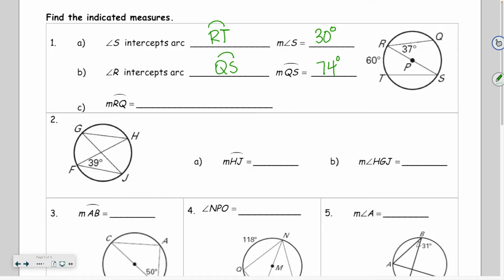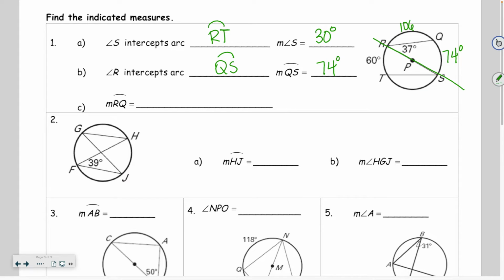Okay, so this is 74 degrees. So what would RQ be? 106. How do you know that? Because that's a semicircle. Because that's a diameter. And so that's a semicircle, so it has to equal 180.